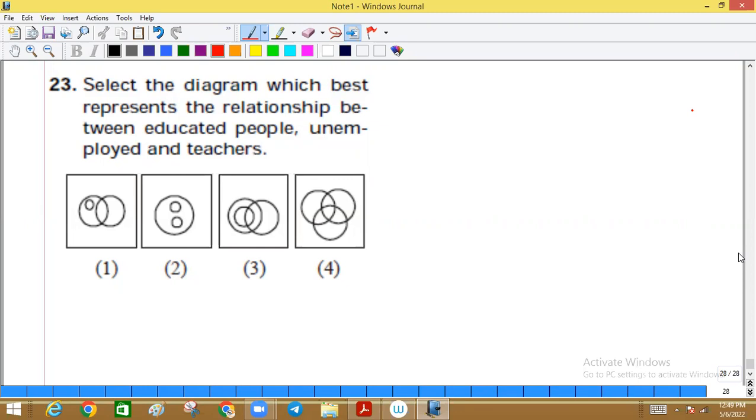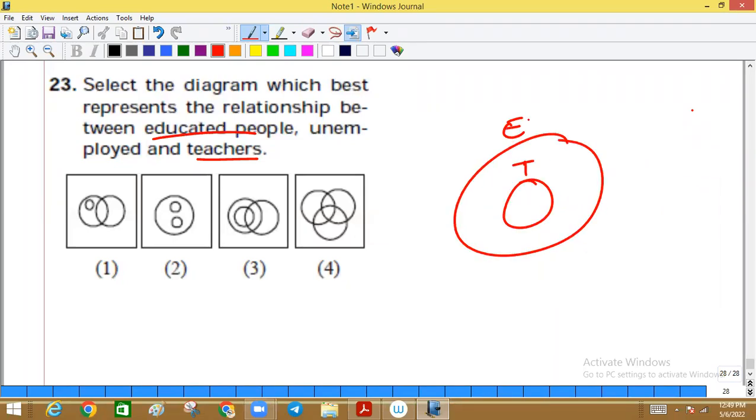So come to this relation. What is the relation between educated and unemployed? Some educated are unemployed. What about teachers? What about unemployment in teachers? First of all, what is the relation between educated and teachers? All educated are teachers, or all teachers are educated? All teachers are obviously educated.